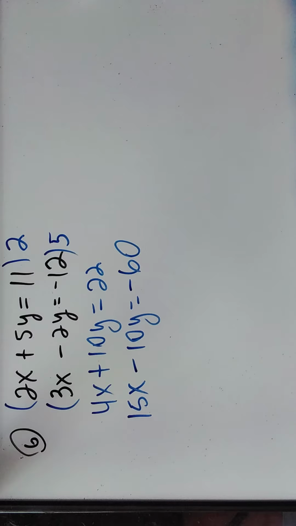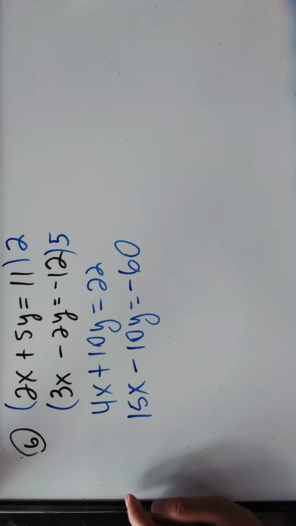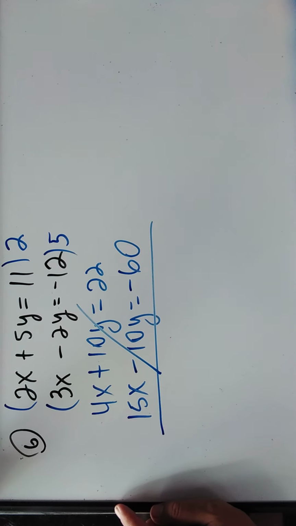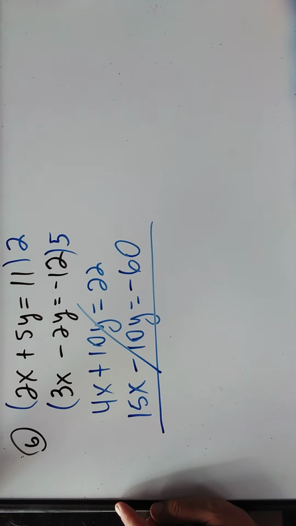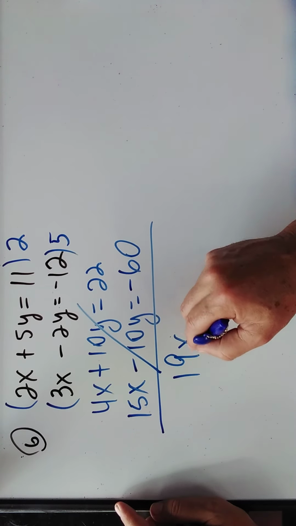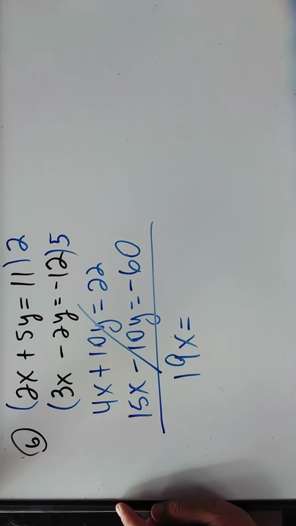Okay, so now we just cancel that out. That gives you 19x equals, what's negative 60 plus 22?